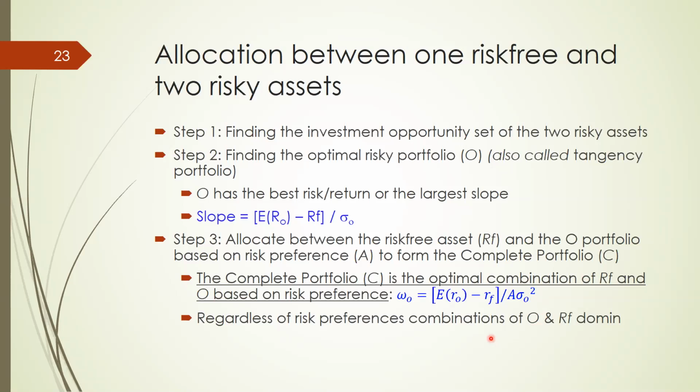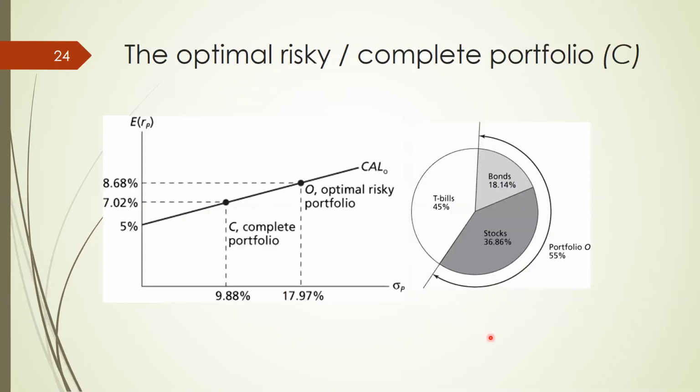Okay, so essentially we are splitting the allocation between three assets into allocation between every two assets in order to arrive at the complete portfolio. So in the example we have been demonstrating, we'll first combine stocks and bonds based on the optimal weight in order to form the optimal risky portfolio.